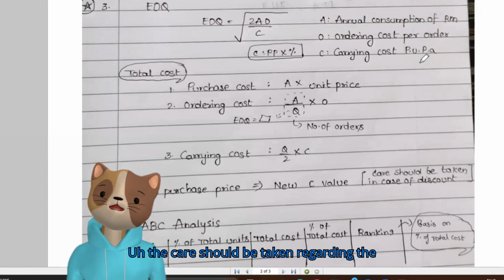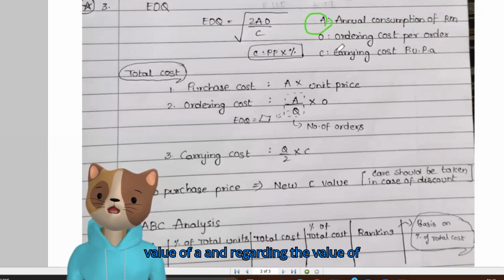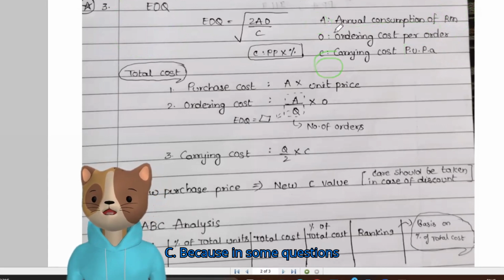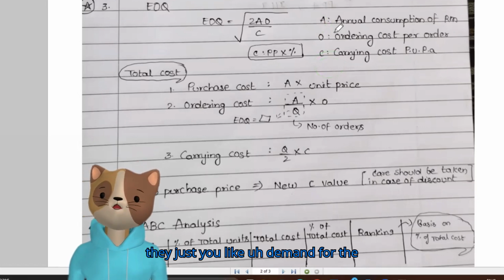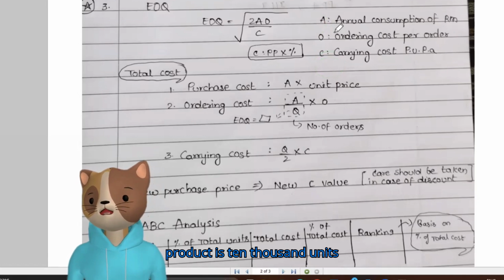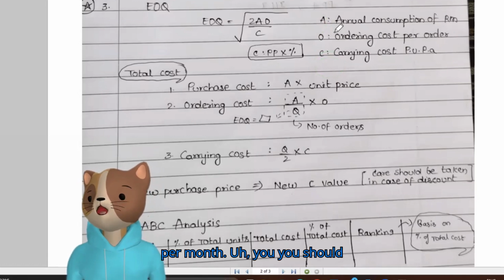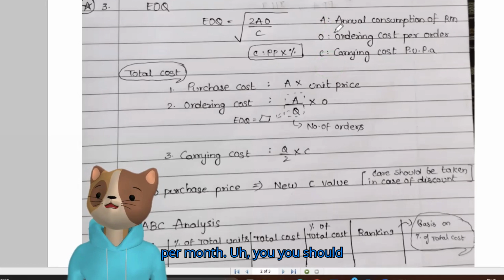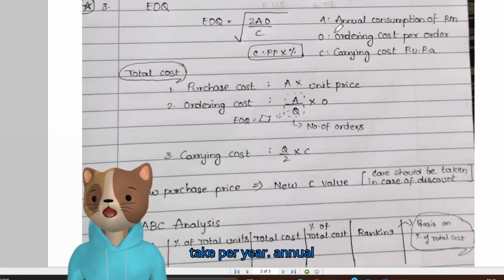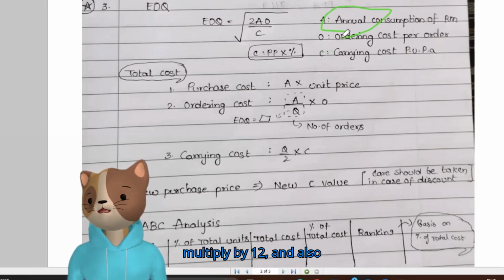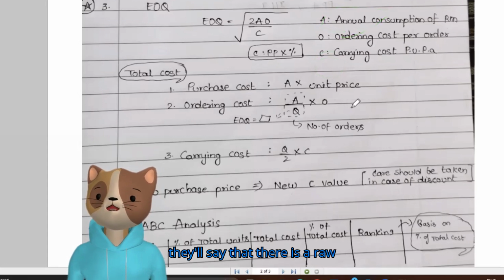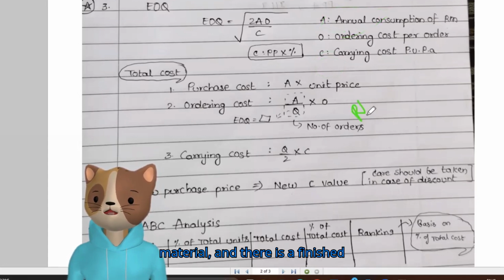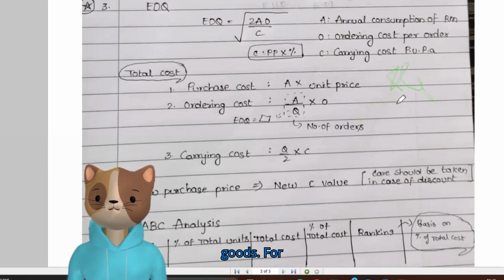Care should be taken regarding the value of A and the value of C, because in some questions they just give, like, demand for the product is 10,000 units per month. You should take it per year, annual, multiply by 12. And also they'll say that there is a raw material and there is a finished good.